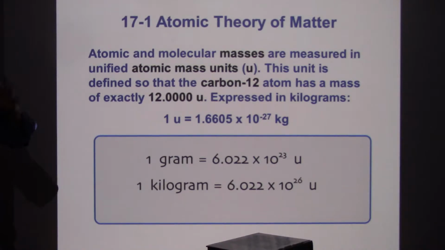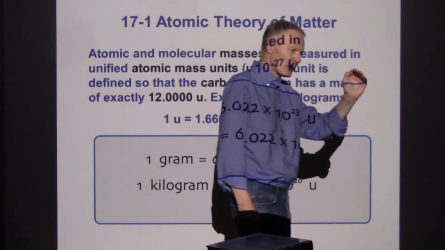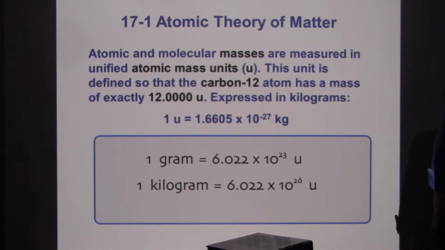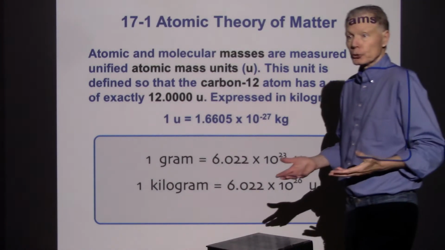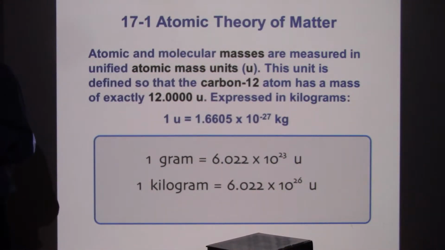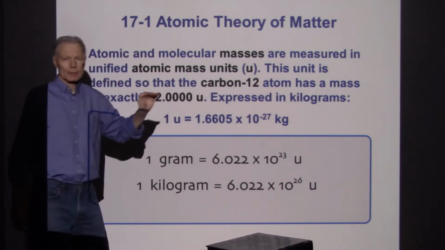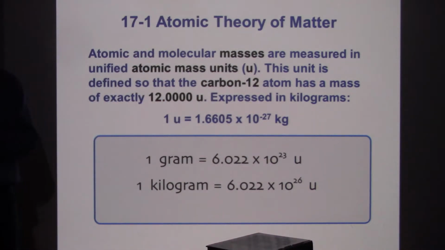Now, it turns out that nuclei are a little more complicated. We can't just talk about how many protons and neutrons and add up their masses, because there is a nuclear binding energy that actually alters the mass of a nucleus. So I can't just count up the protons and neutrons to determine the mass of a nucleus. It doesn't work that way. So what we do is we pick one particular atom, and we designate that to represent the atomic mass unit.